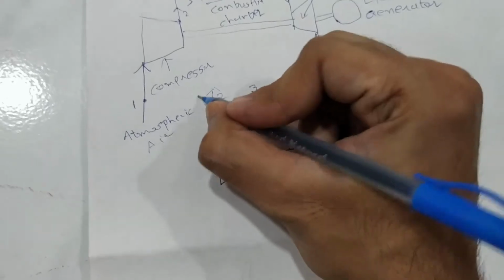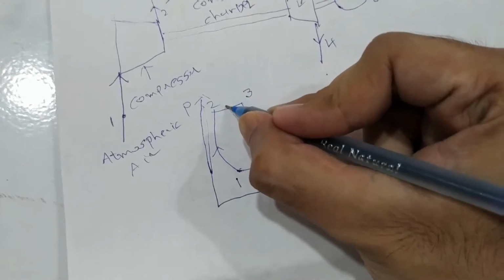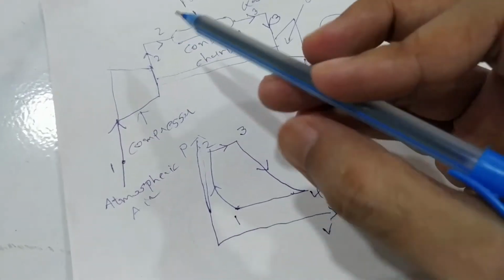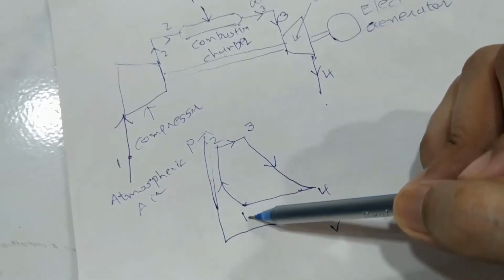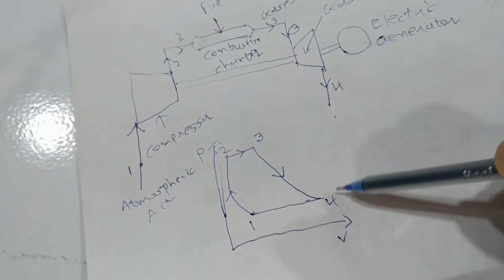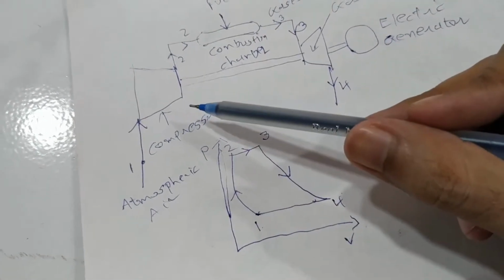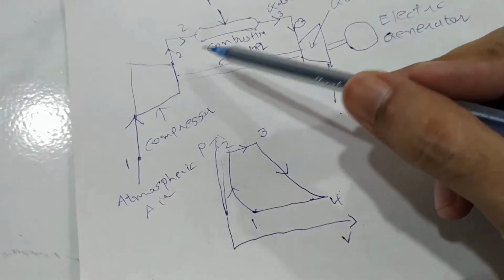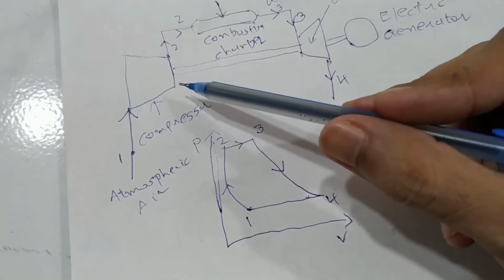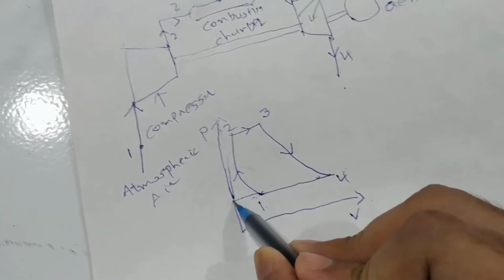This is volume and this is pressure. Let's take a look again: process 1, 2, 3, 4. So first air enters the compressor and goes out to the combustion chamber.